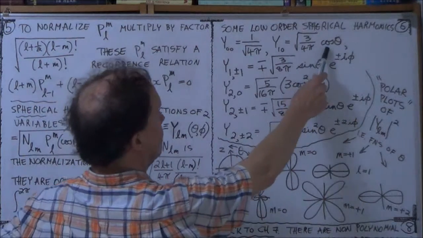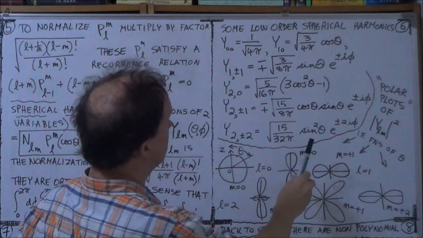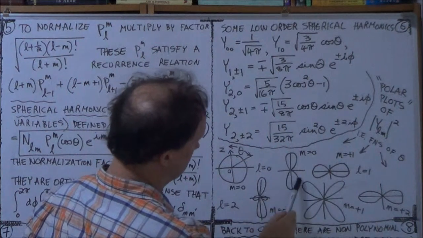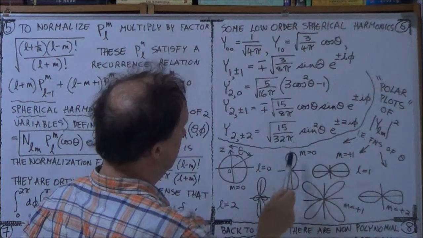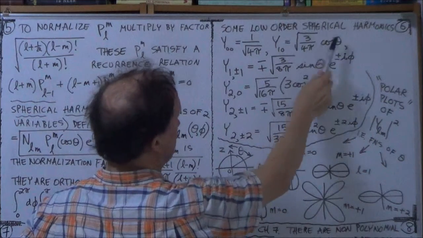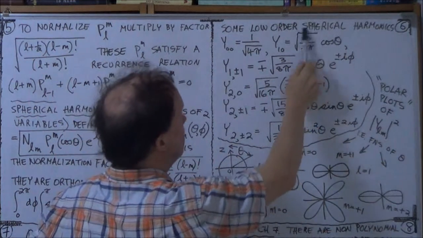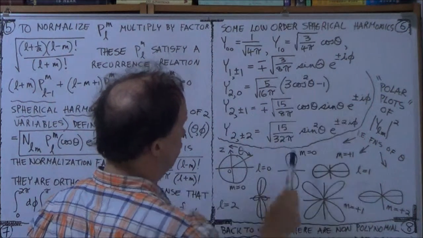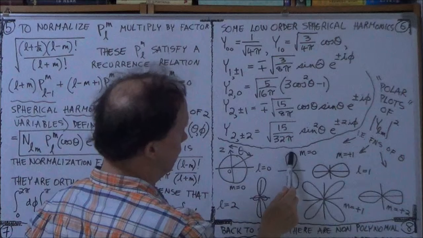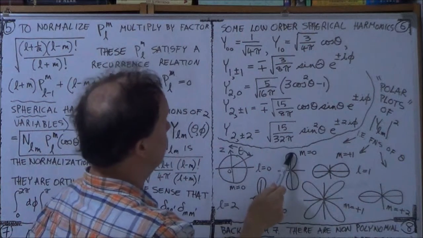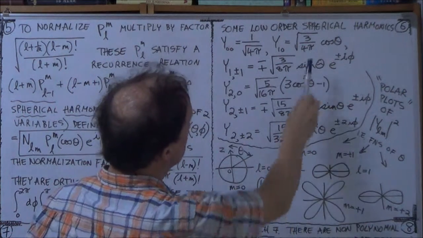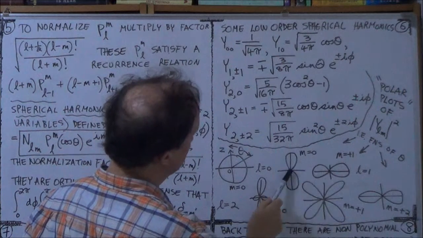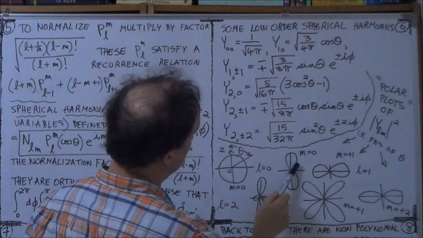Your cos theta. You can deduce why it's like this. When theta is 0, cos theta is just 1, so your value for y here will be root 3 over 4 pi. So this value here is the square root of 3 over 4 pi. Now when you go to 45 degrees, you're about here somewhere.